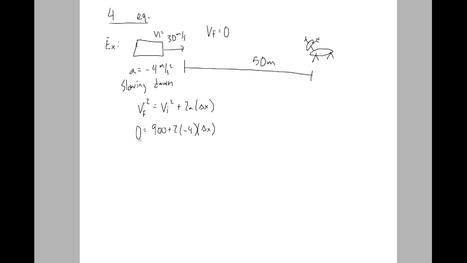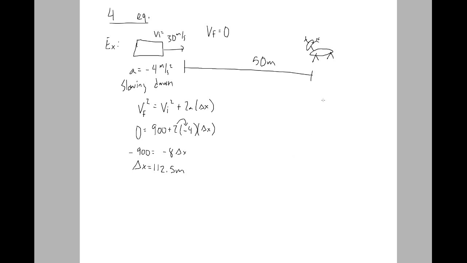So I'm going to subtract 900 from both sides, and that gives me -8 times delta x. I went ahead and just distributed that. Dividing by 8, I get a delta x of 112.5 meters.